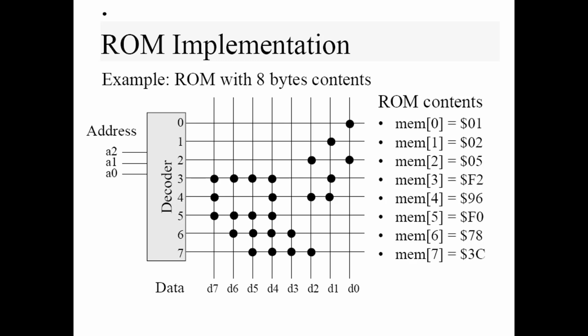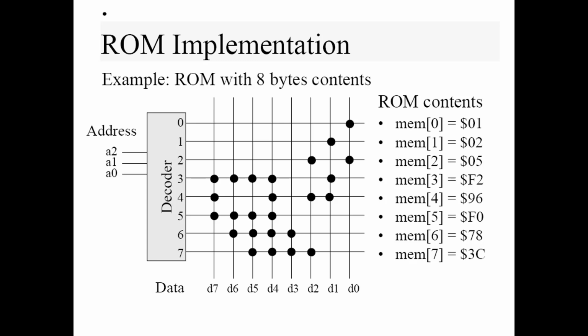Address 100 in binary or 4 in decimal accesses byte 4. Address 101 in binary or 5 in decimal accesses byte 5. Address 110 in binary or 6 in decimal accesses byte 6. And address 111 binary or 7 in decimal accesses byte 7.